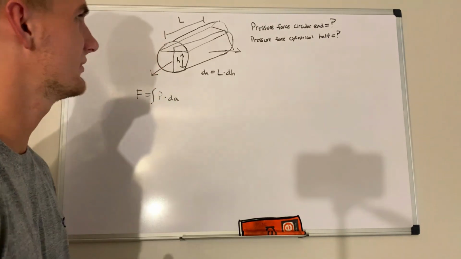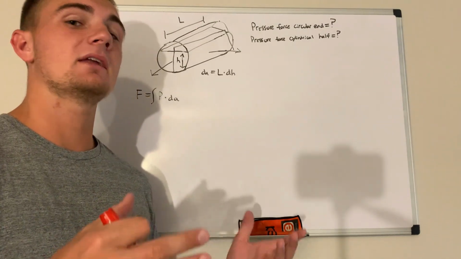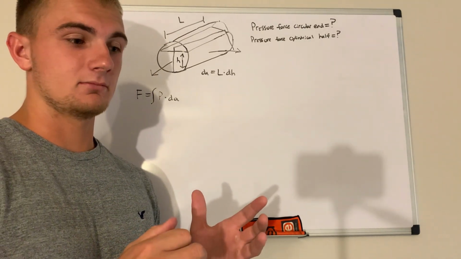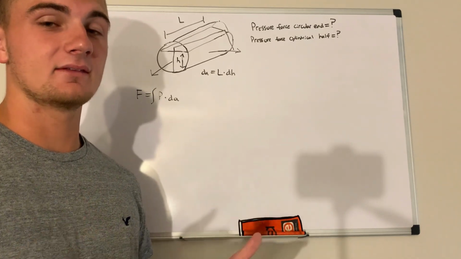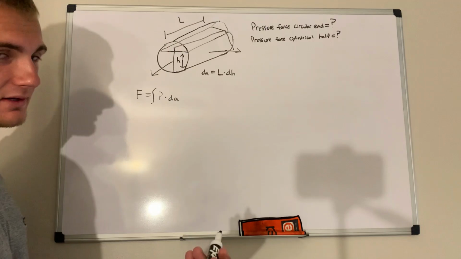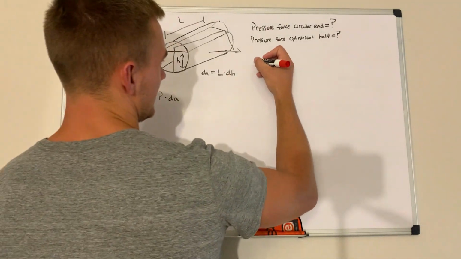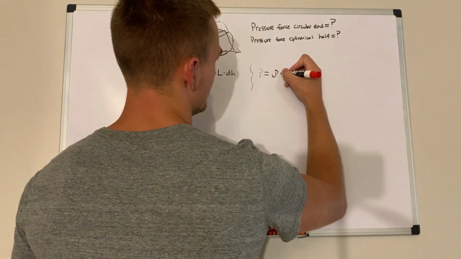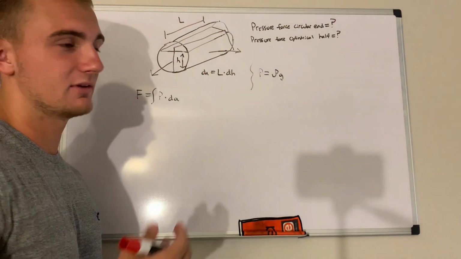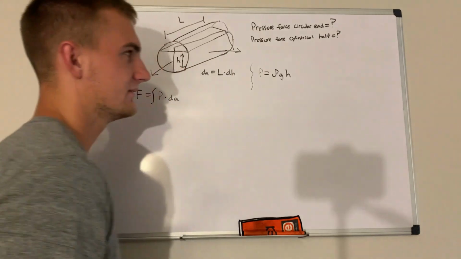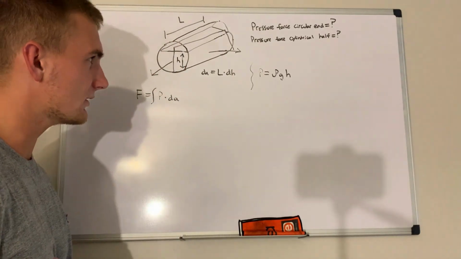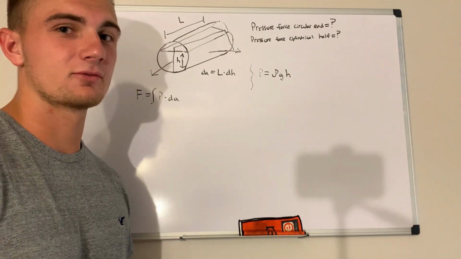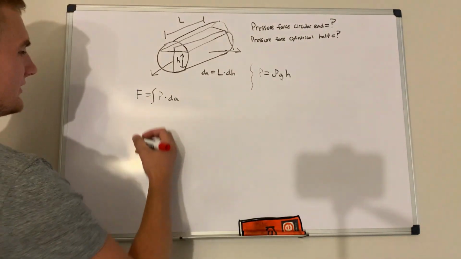Essentially, when we have a container with some fluid in it, the pressure that the fluid exerts on the walls of the container is the density of the fluid times the gravitational constant g, multiplied by the depth of the fluid, or H. So we can substitute both of these in, and we now have an expression for the pressure force exerted by the fluid on each of the sides of the wall.